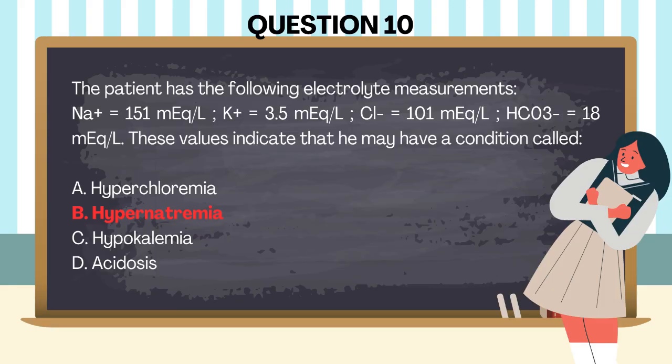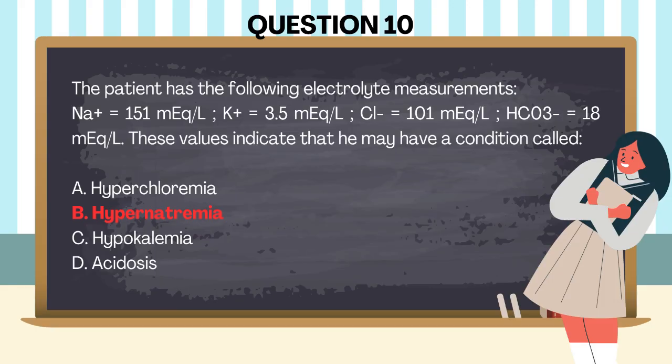Question 10. The patient has the following electrolyte measurements for sodium, potassium, chloride, and bicarbonate. These values indicate that he may have a condition called letter B, hypernatremia. Why? Because sodium is higher than the normal range, while A, the chloride of this patient, is within normal range, so it is not considered hyper.